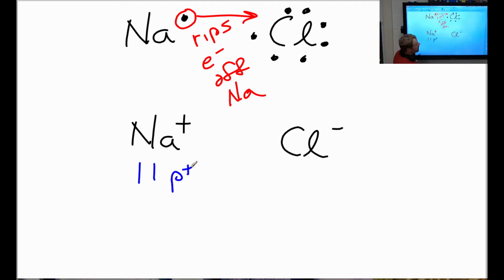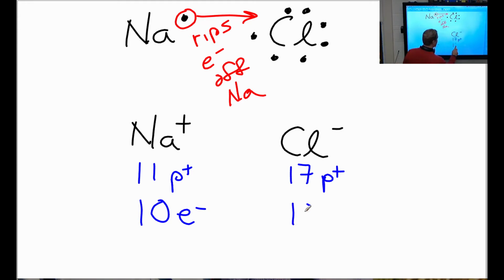That's what makes it sodium. Chlorine starts with 17 protons. That's what makes it chlorine. Those numbers can't change. Sodium had 11 electrons, but it had 1 ripped off, so it now has 10 electrons. Chlorine had 17, but it stole 1, tucked it in its pocket, won't give it back. That means it has 18 electrons.